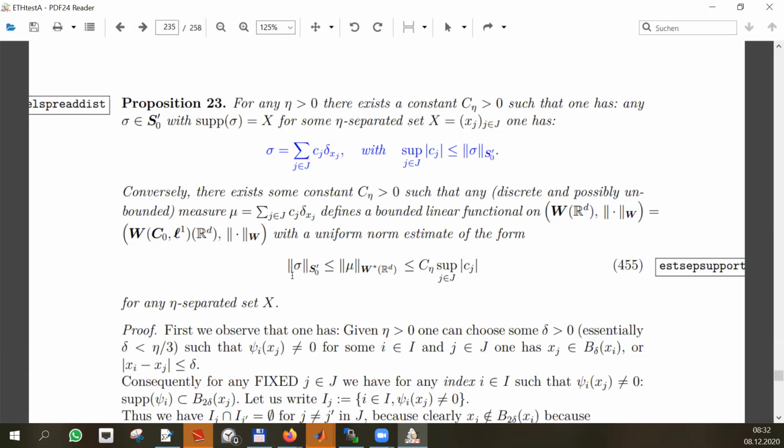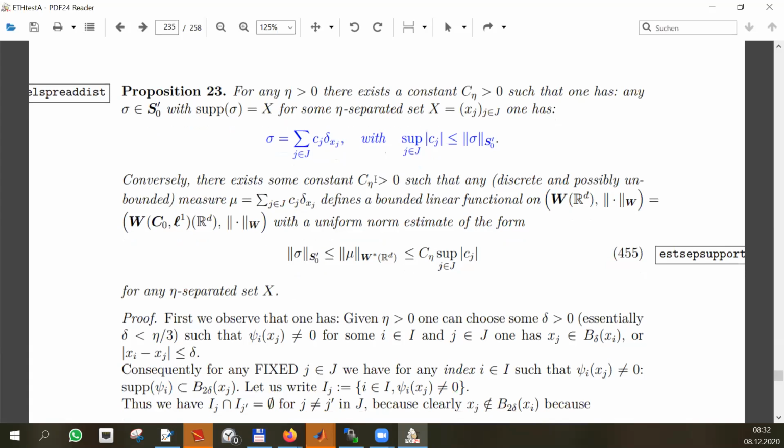So the sigma can be controlled in the dual space of S0 by the duality with respect to the Wiener algebra, which is a little bit less sensitive. And this one can be controlled by this. And this is true for every eta separated set. And of course, if you're not caring about the constant, you can take any finite union of eta separated sets. And that's why I was showing you this plot with the pairs or so.